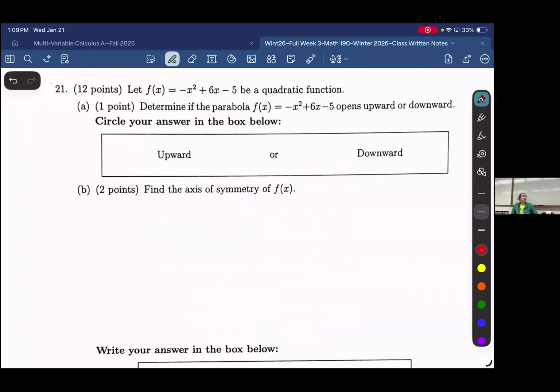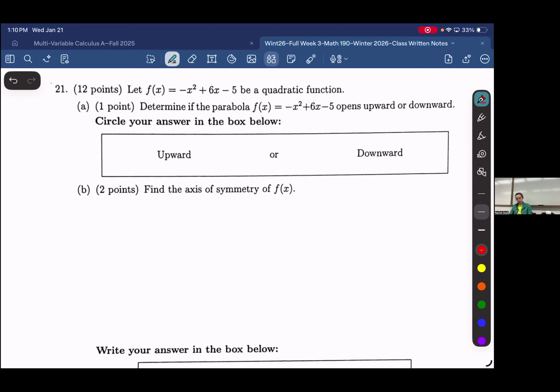So if you are a little bit nervous, but you know your quadratic functions, then once you get the exam in your hand on Friday, you should just skip to question 21, solve it, and then you don't have to worry about that for the rest of the test.